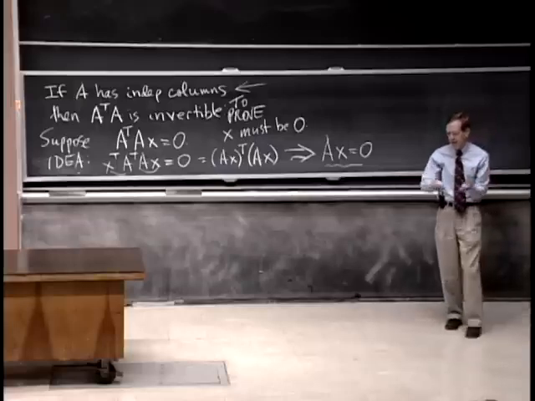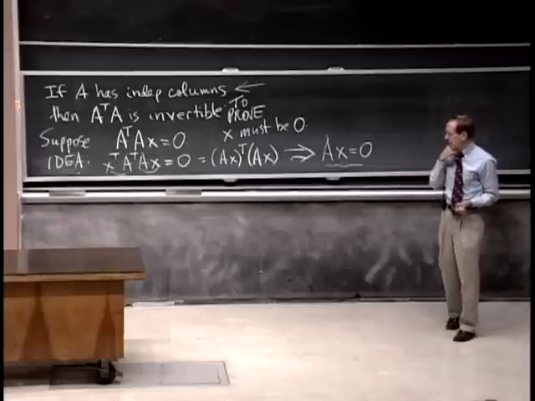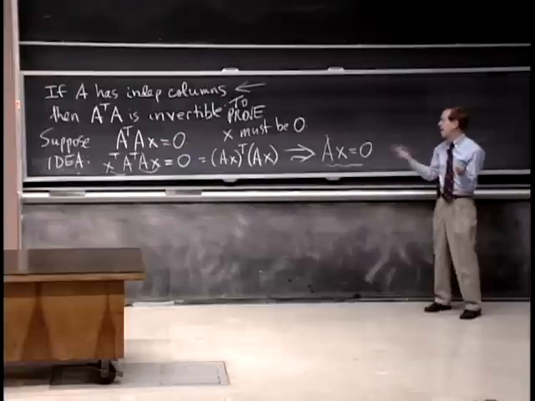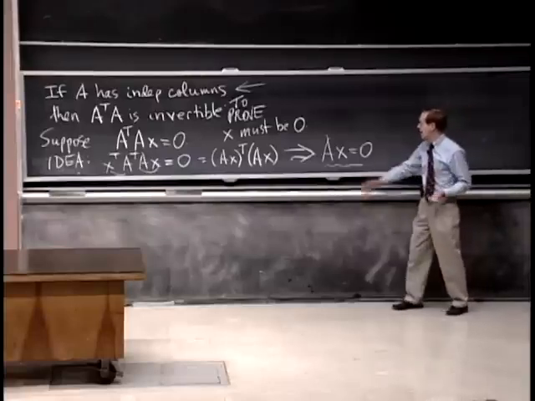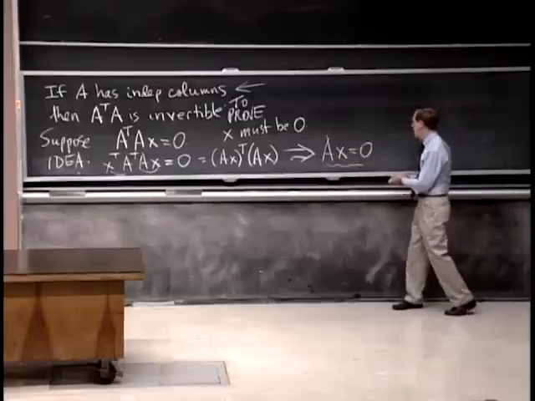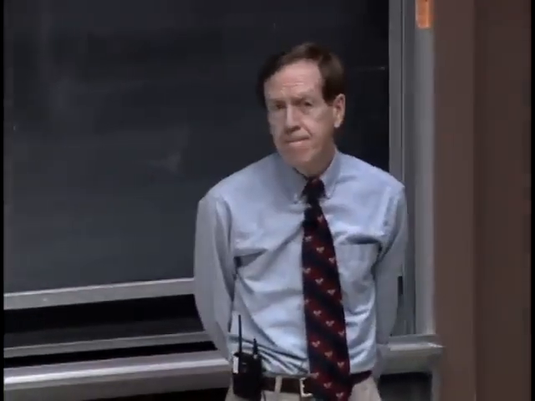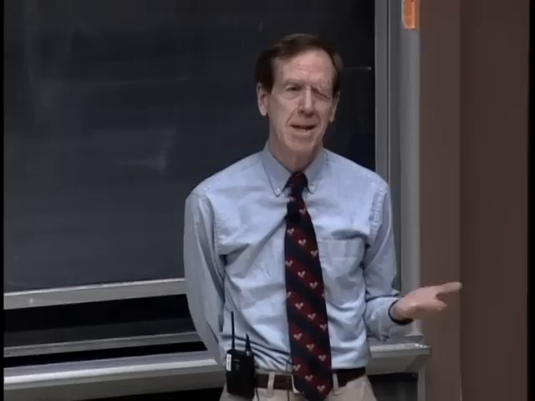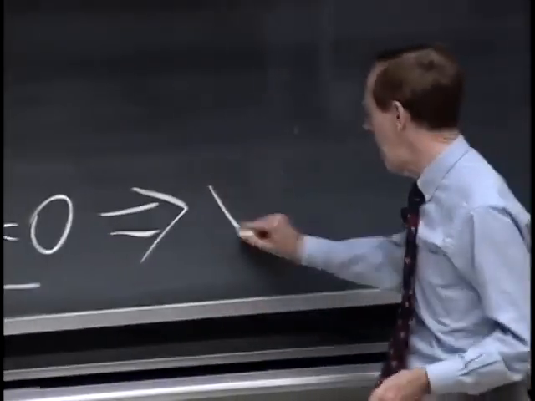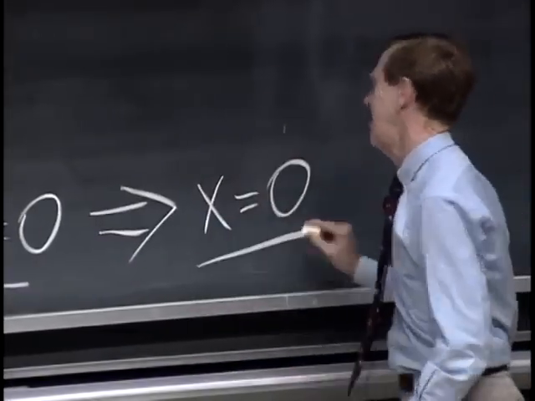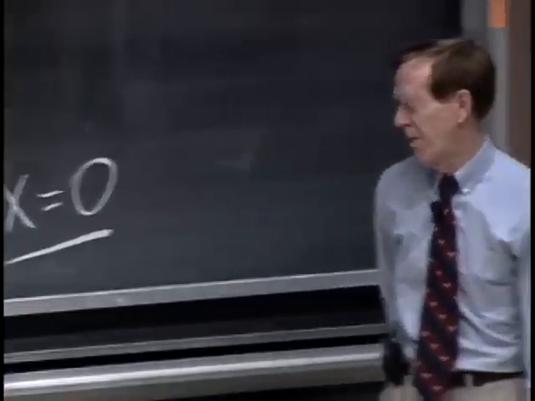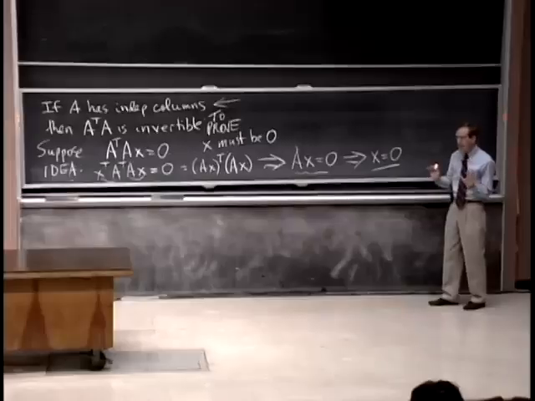That could be a fill-in question on the final exam. If A has independent columns and if Ax equals 0, then what? Please say it. x is 0. Which was just what we wanted to prove.